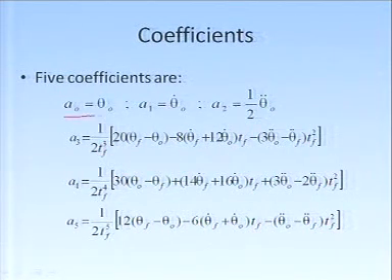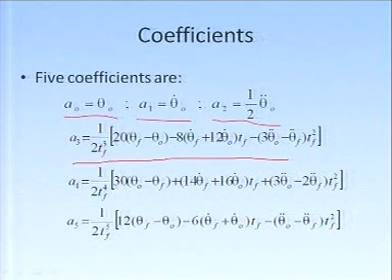A0 equal to theta 0, I have shown you how to calculate. A1 is theta 0 dot, I have shown you how to calculate. A2 is equal to half theta 0 double dot, I have shown you how to calculate. Then using those 3 equations, I have solved for the other coefficients, which are A3, which is given by long expressions, then A4.